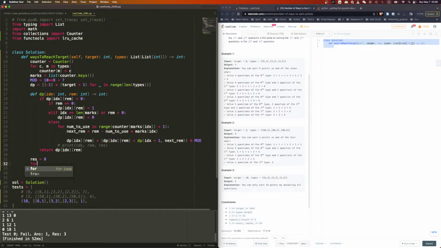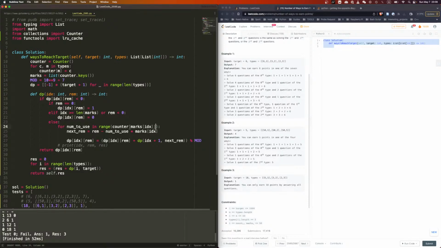Okay, for i in range len types, I say rest equals rest plus dp i target, which means we'll always use, then I don't need to use this, right?